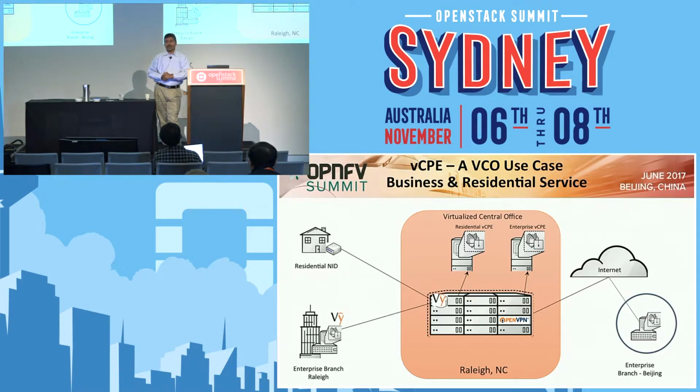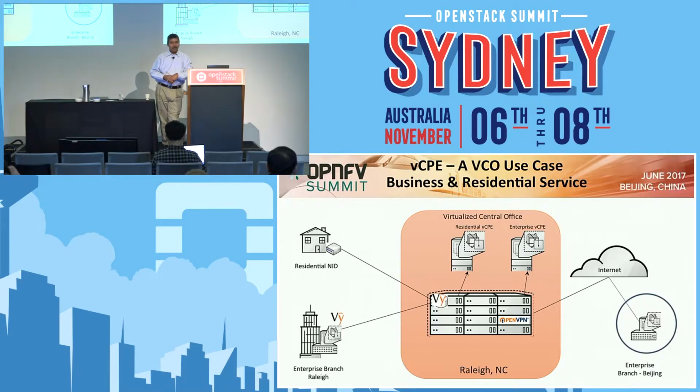Then Lenovo was kind enough to loan us their lab facility in Raleigh, North Carolina. We started to stack up the servers in that lab and make that a central office. And then we had all of these 12 different vendors, 20 different VNFs, everybody trying to access the lab remotely. It was such a chaos. But that 3.5 weeks was something that we learned a whole lot through, proving this concept for both residential and business services.